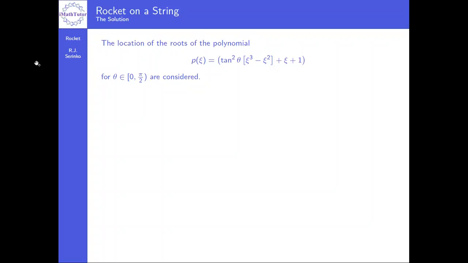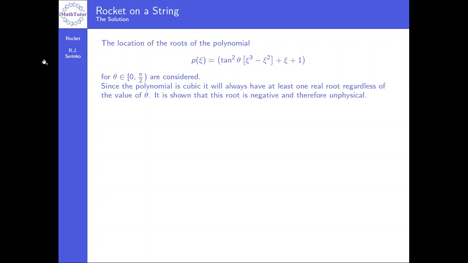So what we want to do is find the locations of the roots of this polynomial. Now it's cubic, so we know that it will always have at least one real root, regardless of the value of theta. What we now want to show you is that that real root is negative and therefore unphysical, so we don't have to worry about it.